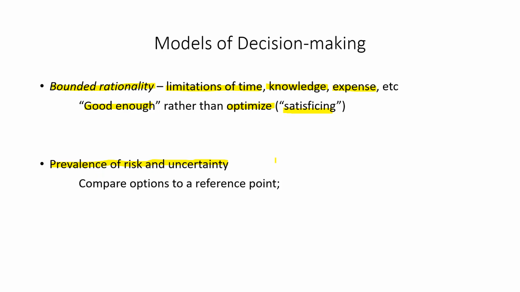What we also see is that humans are generally risk averse. What this means is that we typically dislike losing as much as we enjoy winning, particularly if they are the same amounts.